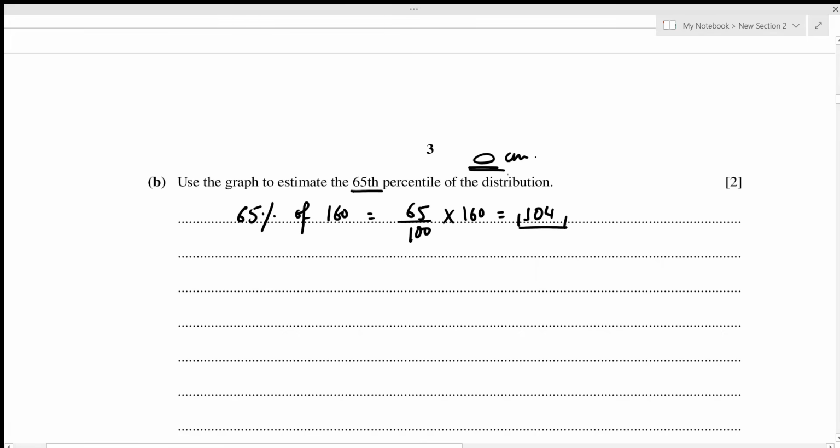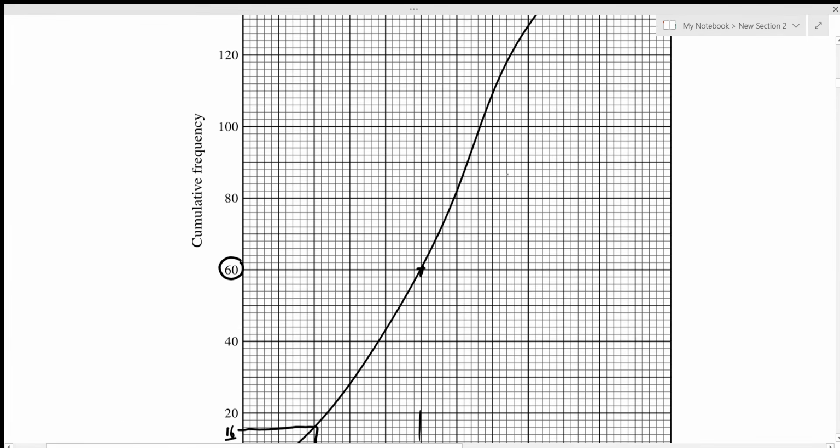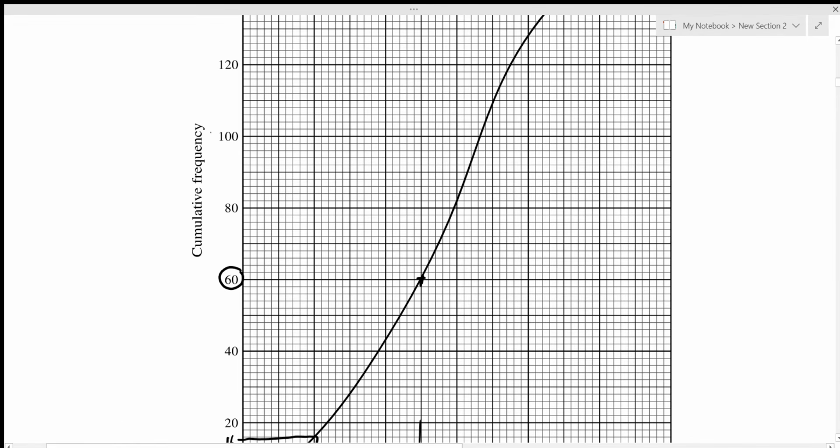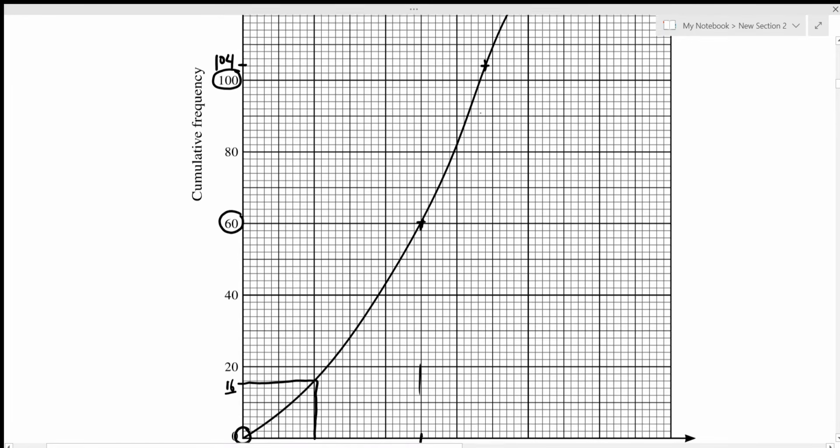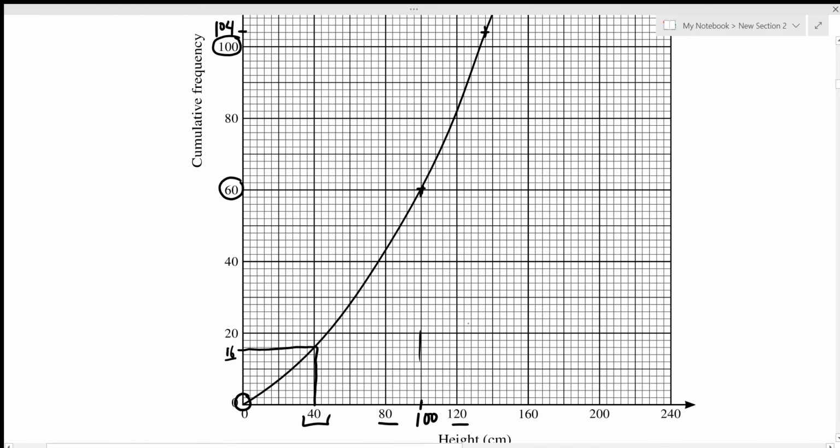So let's look at the graph. We have the 100 sunflowers right here. We need to look for 104 sunflowers. So that's going to be here. That's 104, and then the corresponding point on the curve is going to be this point. Now the corresponding point on the height axis, or the x-axis, is going to be right here.